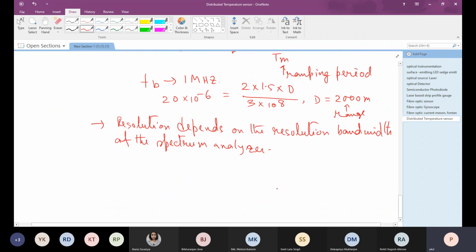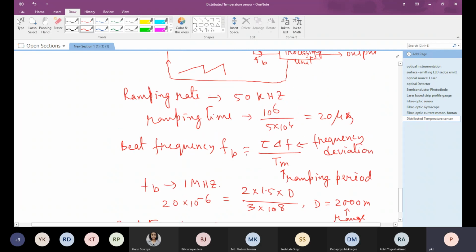So then the resolution could correspond to 1 kilohertz. Whatever the tau be, FB is 1 kilohertz. So delta F is 1 megahertz, and correspondingly we will get a tau. So 1 in 1000 could be resolved.